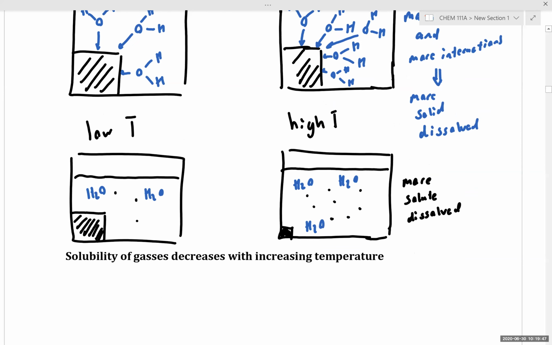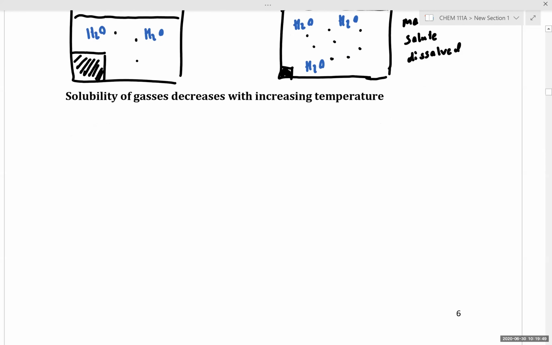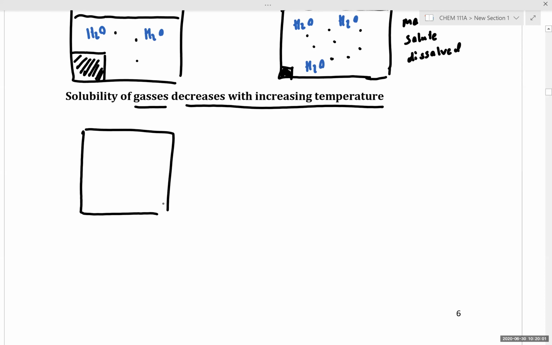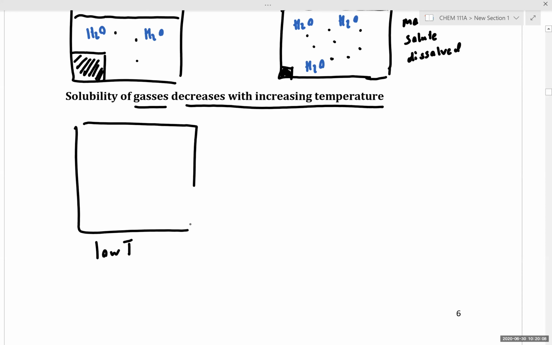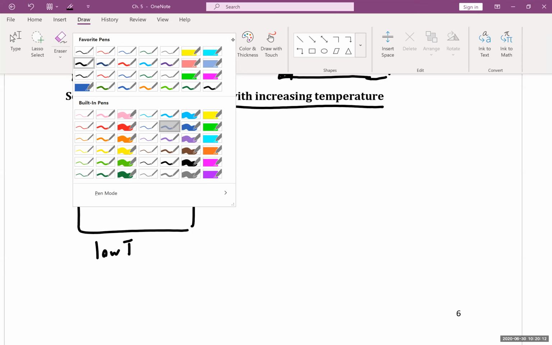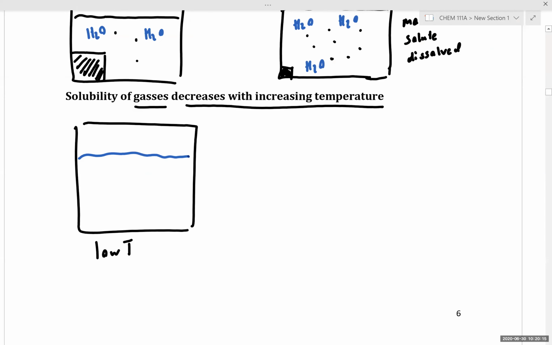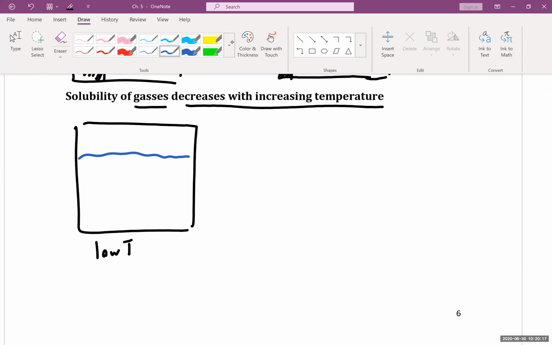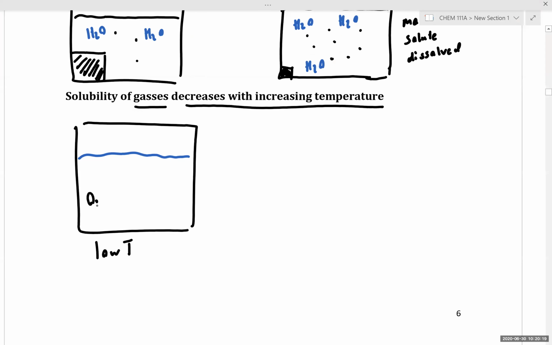Now, an interesting feature of gases is that the solubility of gases decreases with increasing temperature. So if we compare, for example, a low temperature trial, and let's pretend for our solute, we're looking at oxygen.